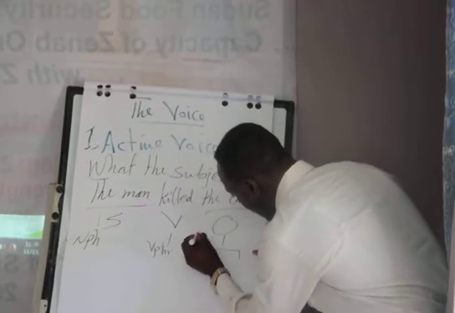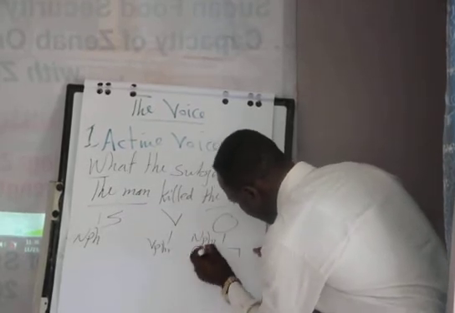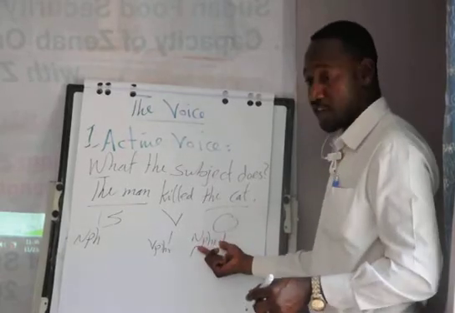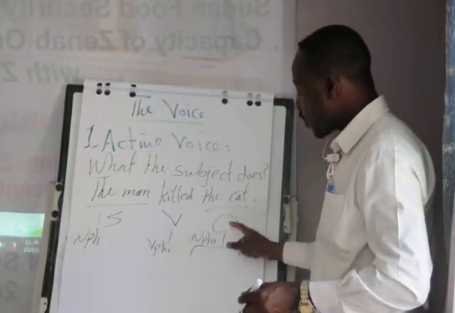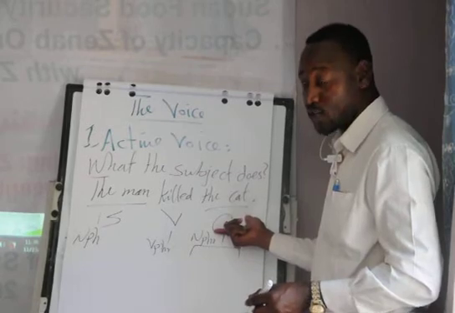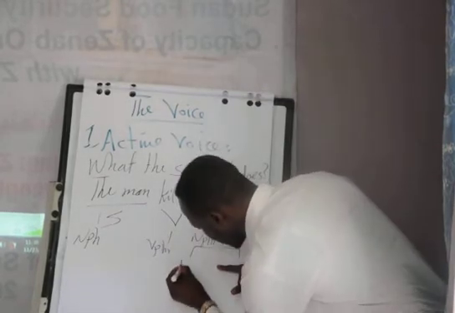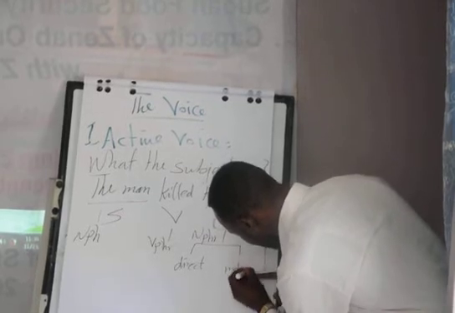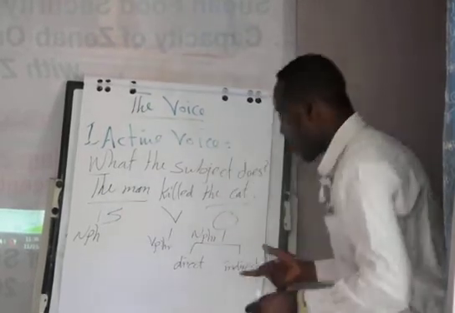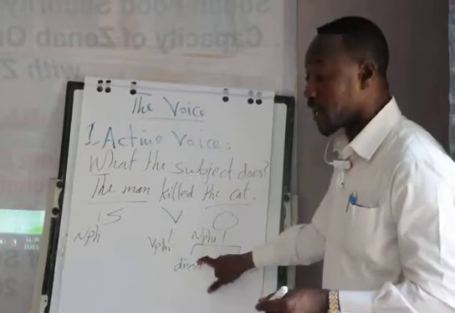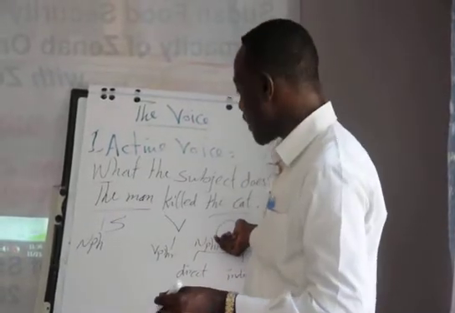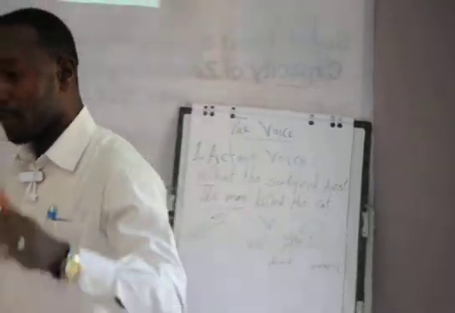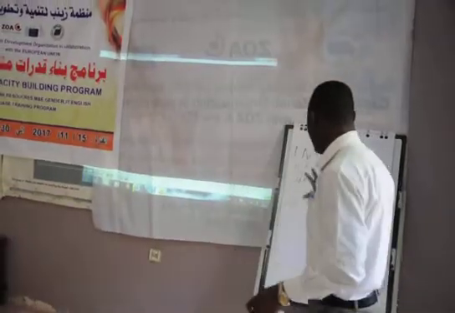NP is the short form or abbreviation for noun phrase. And as we know, the object can be divided into two, either direct object or indirect object. So the object here is direct, and this is the rule of the active voice.